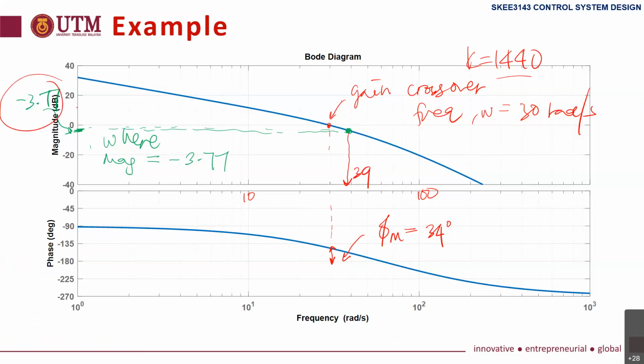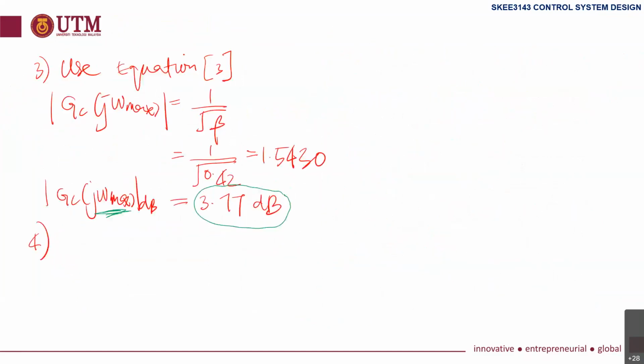Here 3.77. So we need to find on the graph where it is minus 3.77, and what we want is the omega here. And we obtain omega at 39 radian per second. Okay, so we find that omega equals 39 radian per second from the dot plot.